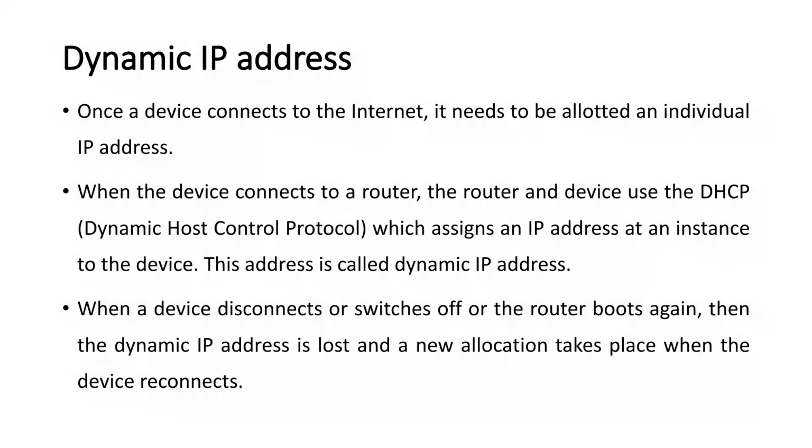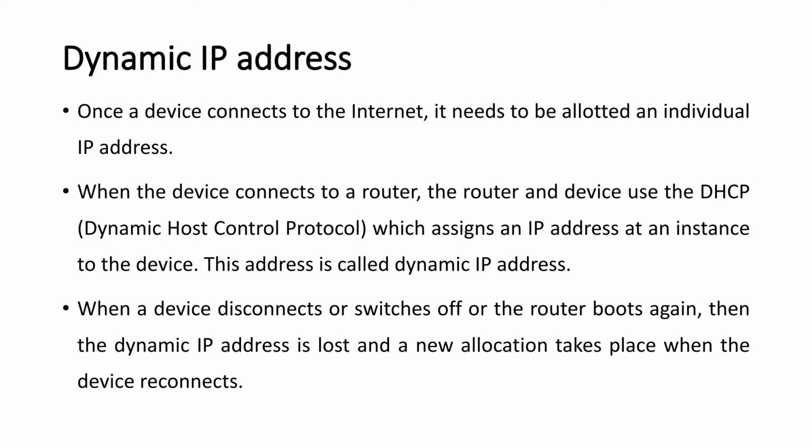Next is the dynamic IP address. Once a device is connected to the internet, it needs to be allotted an individual IP address. When the device connects to a router, the router and the device use the Dynamic Host Configuration Protocol, which assigns an IP address at that instant to the device.